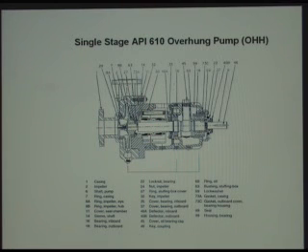But you can see, because of this long overhang, it doesn't take much motion at the bearing locations to have quite a bit of motion out here at the impeller. And as you recall from the seal discussion that we had at the last class, the seals are extremely close fitting parts, very high tolerance parts, and so relative motion between the two can cause them to not seal as well as they should.